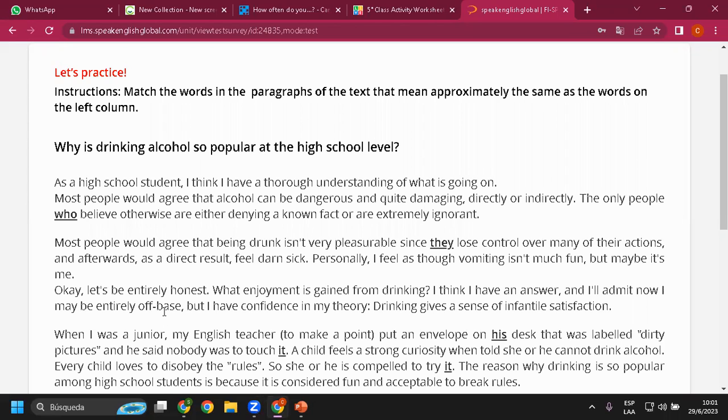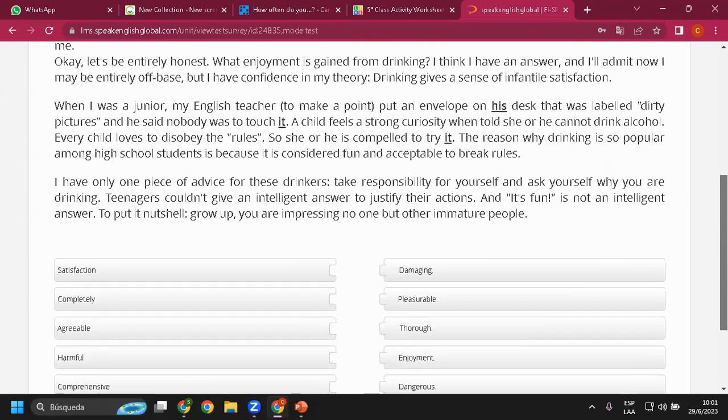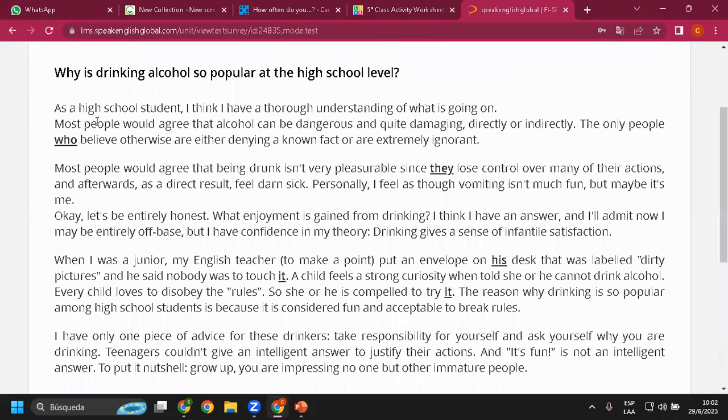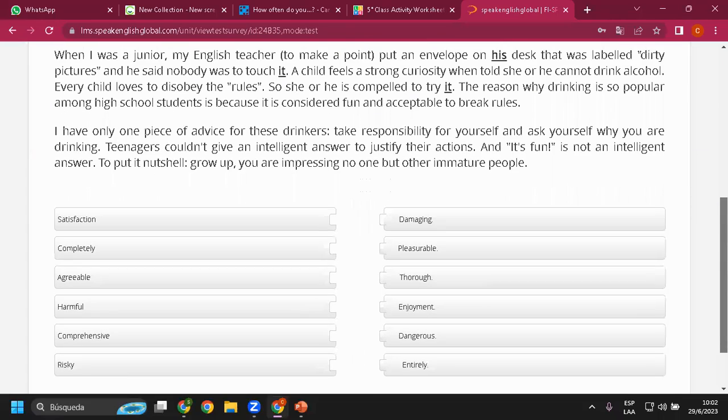First of all, guys, reading comprehension. You have to read all of this paragraph. The first word is who. If you scroll down, let's see, satisfaction. You have to search for satisfaction in this paragraph.